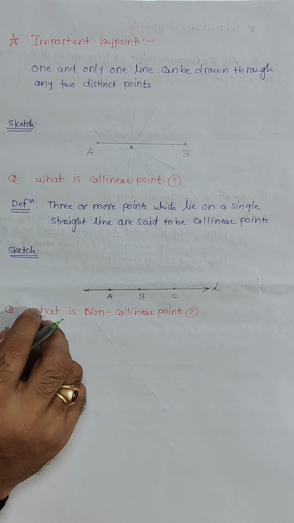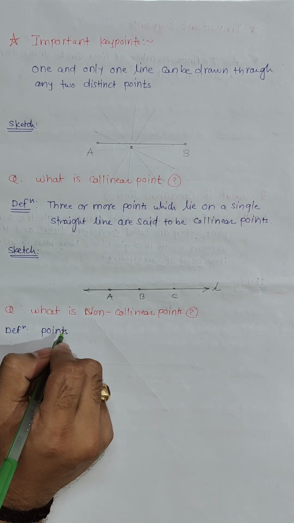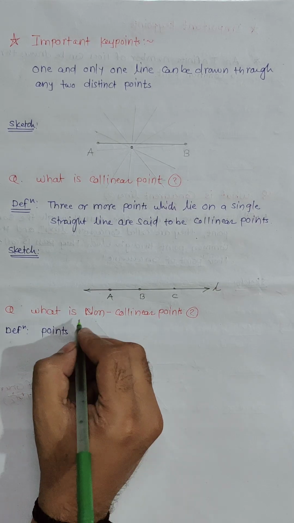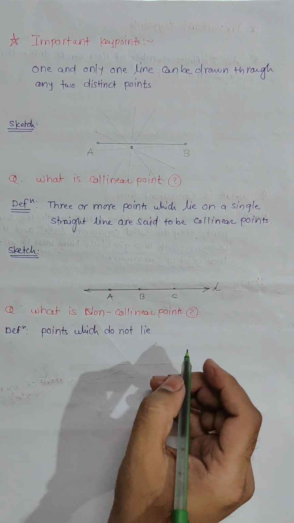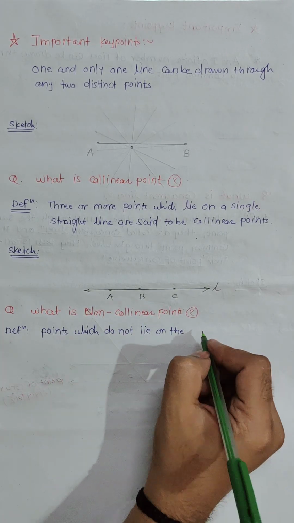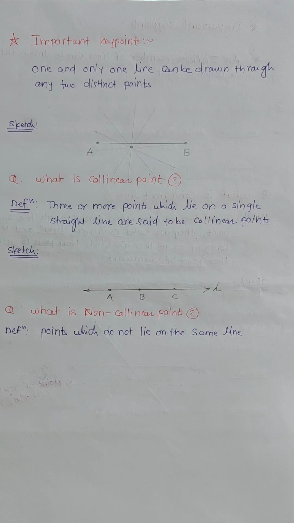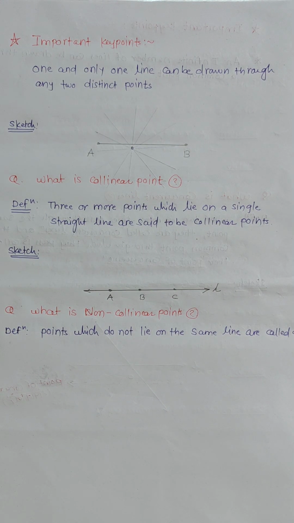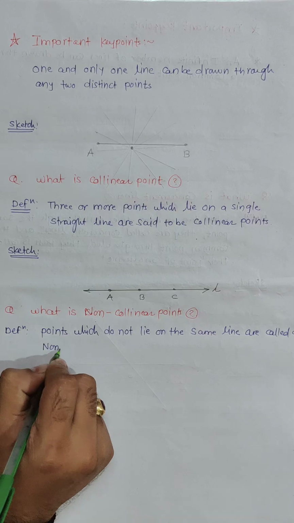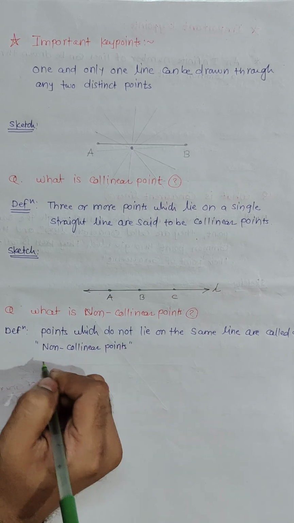Three or more points which do not lie on the same line are called as non-collinear points.